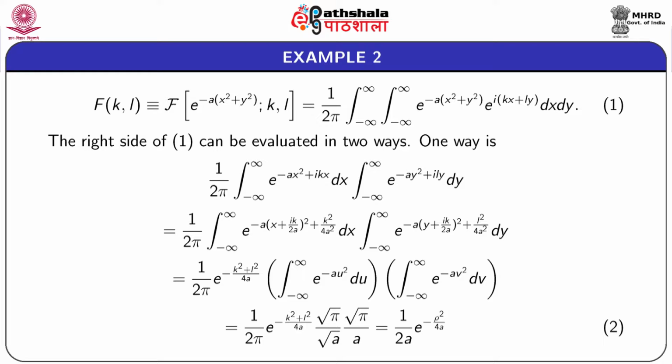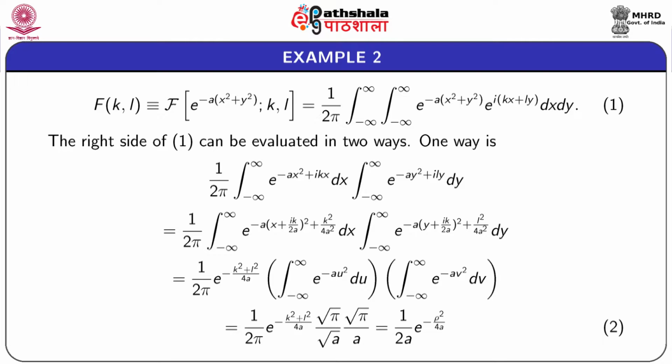Now, taking out the terms e to the power k square by 4a square and e to the power l square by 4a square, we are left with integral from minus infinity to plus infinity e to the power minus a u square du, where we have substituted u for x plus i k by 2a, and here in the second integral, that is the v integral, we have substituted v for y plus i l by 2a.